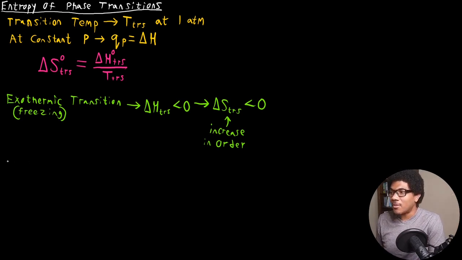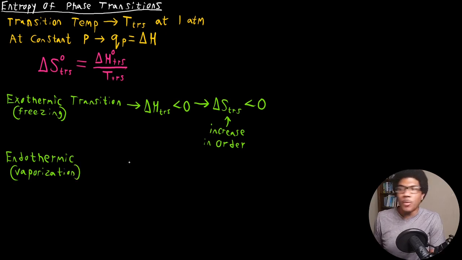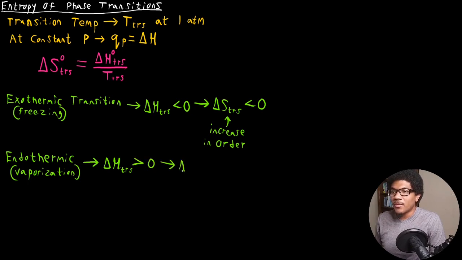And let's look at the opposite. Let's look at an endothermic transition. If the transition is endothermic, this is something like vaporization or melting, what have you. For any of those endothermic phase transitions, delta H for our transition is going to be greater than 0, which means that delta S for our transition is also going to be greater than 0.